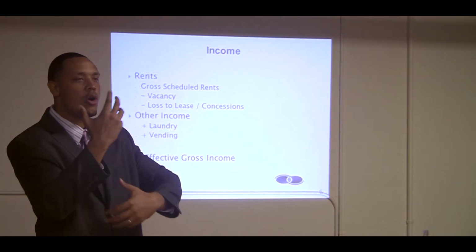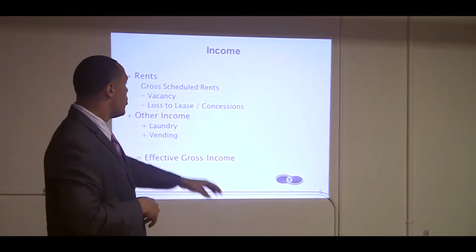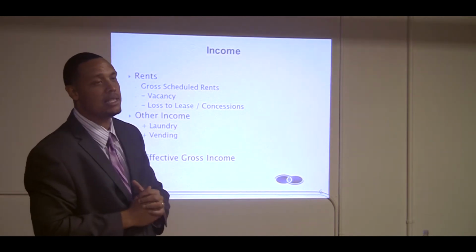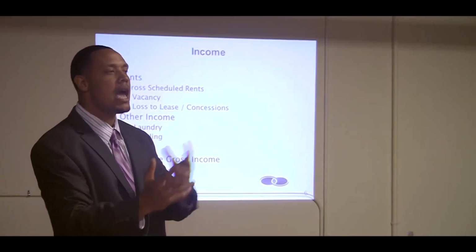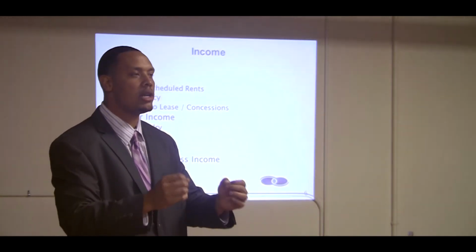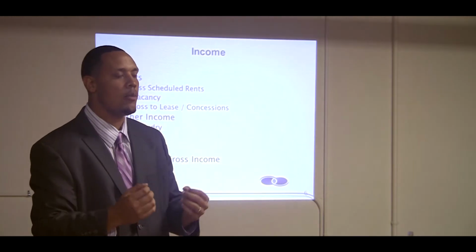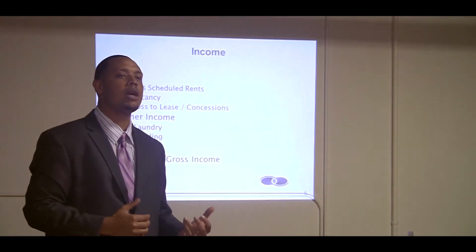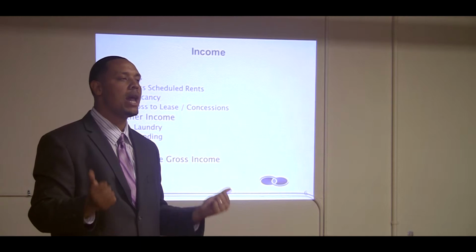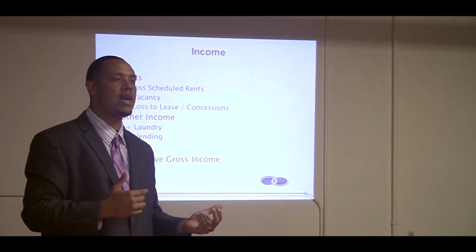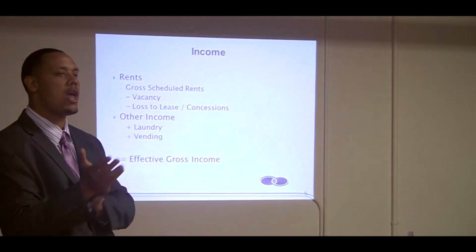Then we start taking away from that number with the vacancy factor. Every market has sub-markets, a market within a market. East Oakland, the Lake, North Oakland, downtown, those are sub-markets. Every market and sub-market has a vacancy factor. I can tell you for the city of Oakland right now, that vacancy factor is between 4 and 4.5%.